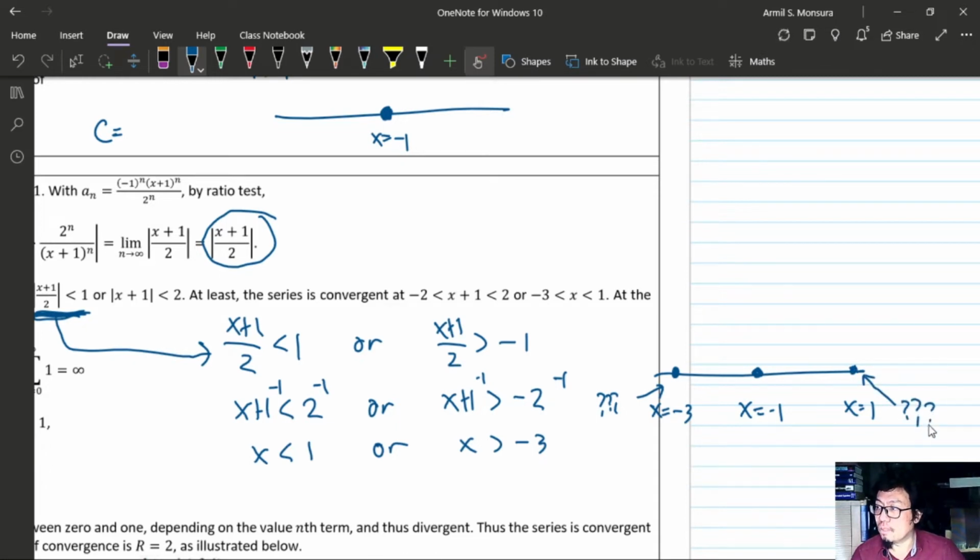What we're sure of is this, and this is where your series converges. These are the values of x where your series would converge. And we would like to know if actually x equals negative 3 and x equals 1 are included.